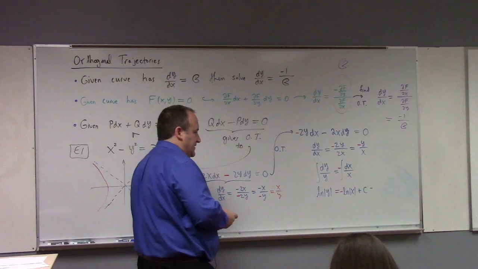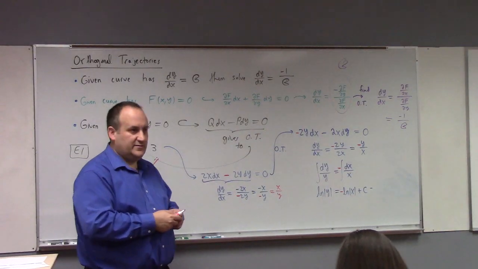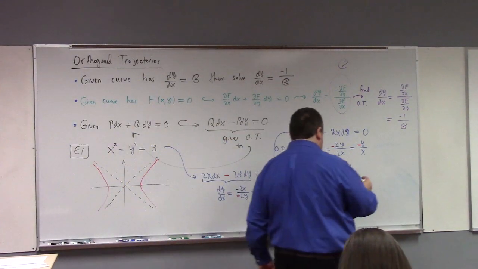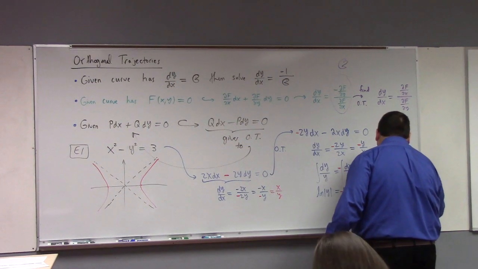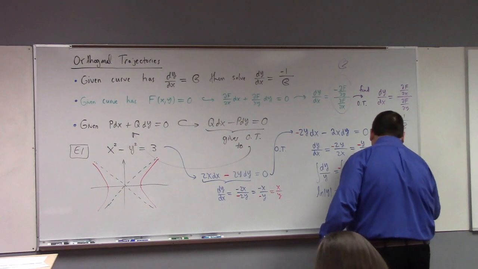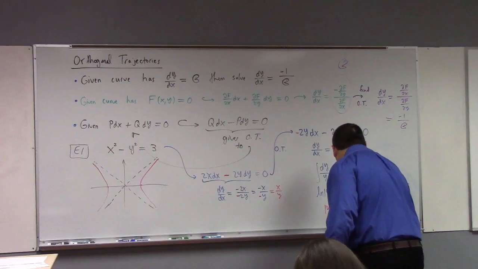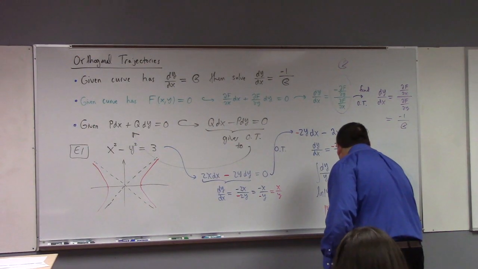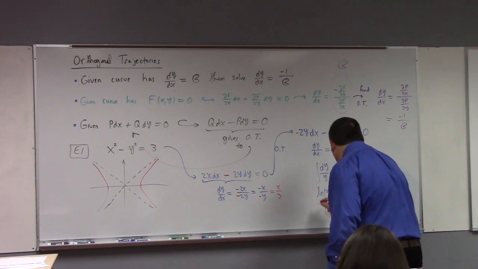And what do you do with a minus outside a natural log? You just ignore it and go on with your life, right? No, don't do that. This is the natural log of 1 over the absolute value of x, plus a constant. Now, when I exponentiate this, it gives me the absolute value of y equal to e to the c times 1 over the absolute value of x.